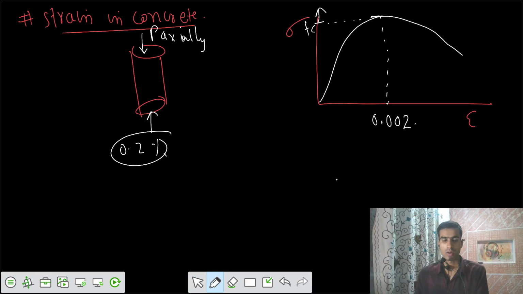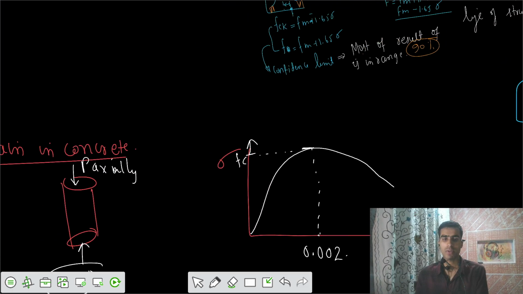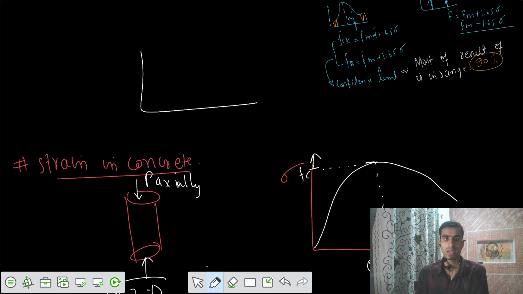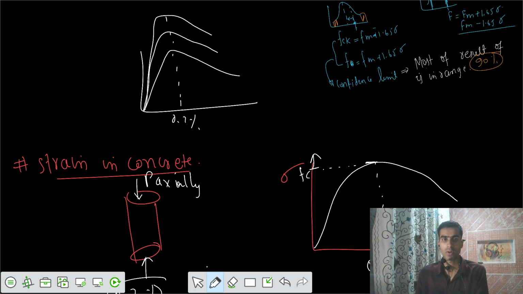One more thing we are going to assume, based on those facts: when you perform the test on different grades of concrete, the peak is a fixed value, observed at 0.2% strain, but the crushing strain, at the point where the curve ends, varies in some range.